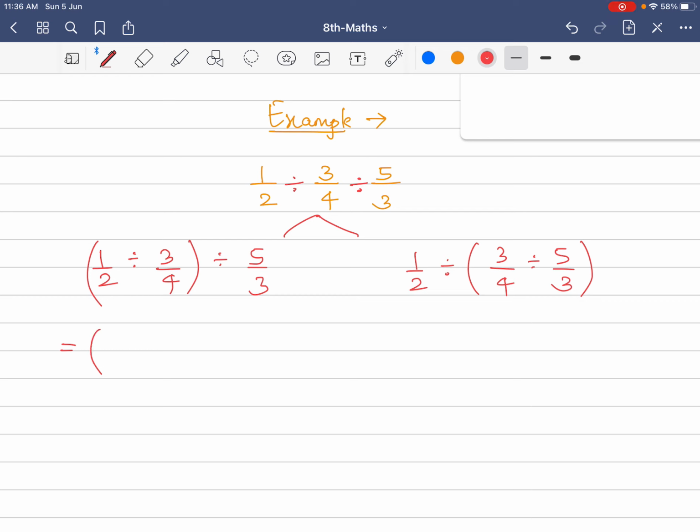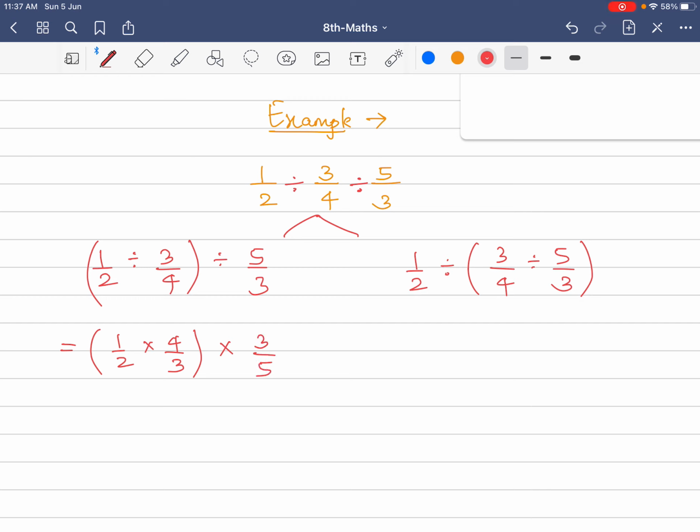This is basically equal to 1 by 2 into 4 by 3. We just take the reciprocal of the second rational number, the divisor, and we change the operation to multiplication. Similarly, this can be written as multiplied by 3 by 5.